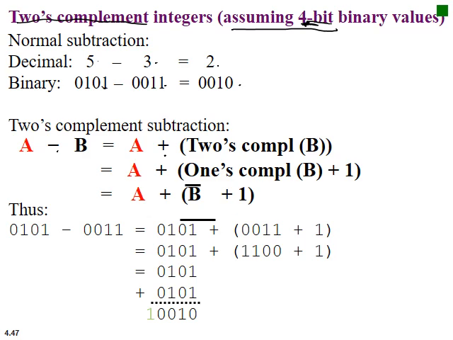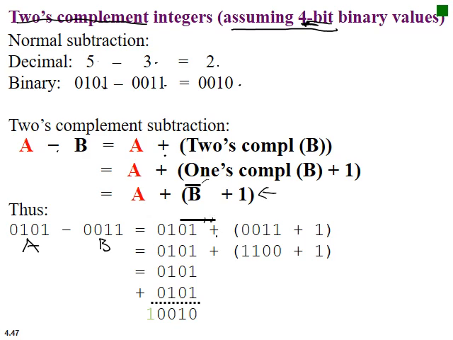So A stays the same all the time, so here is basically A and B, so A subtracted by B we know now changes to an addition.